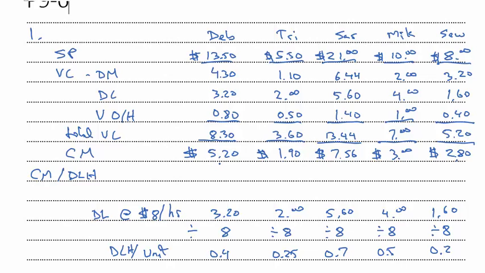So $5.20 divided by 0.4 is $13. $1.90 divided by 0.25 is $7.60. $7.56 divided by 0.7 is $10.80. $3 divided by 0.5 is $6. And $2.80 divided by 0.2 is a whopping $14.